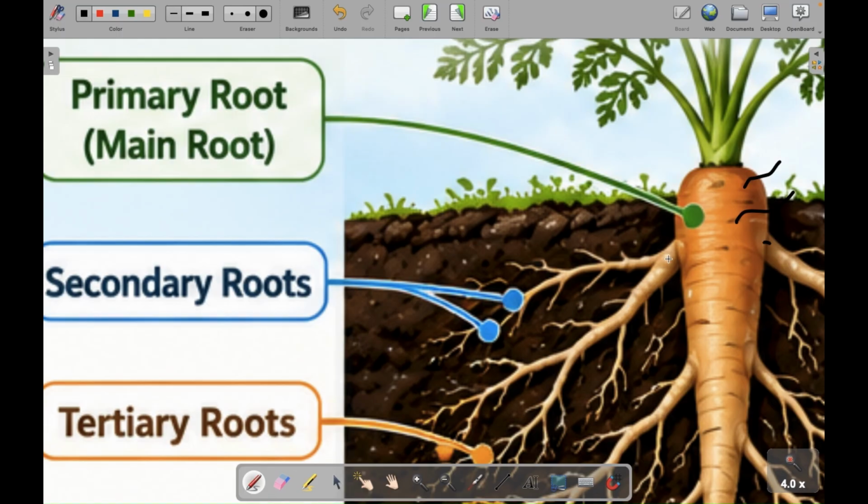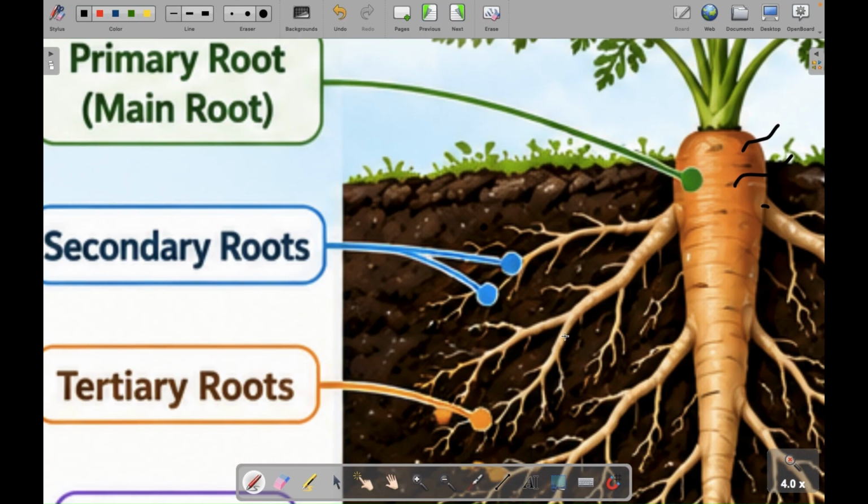And if you look at these, there are even smaller branches coming out. So this was the largest branch, the primary, then a small branch came out of this, the secondary, and an even smaller branch came out of that. That is the tertiary root.